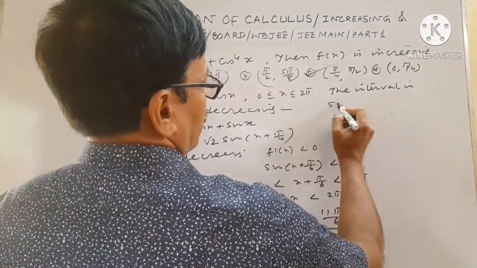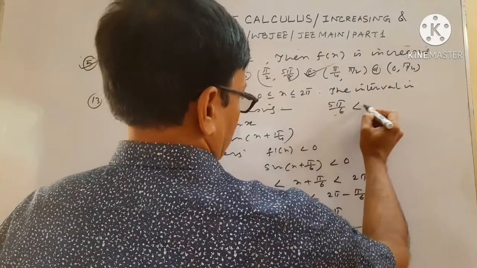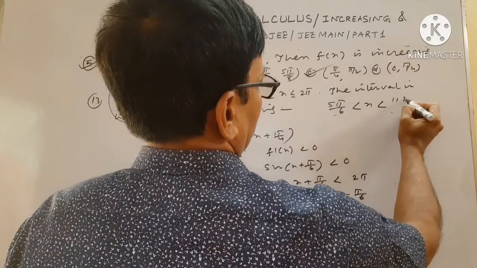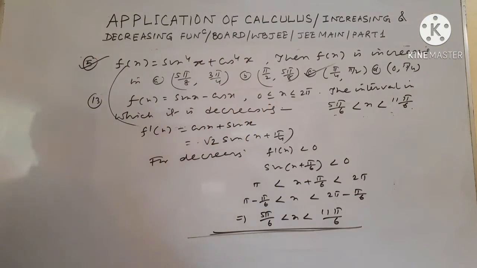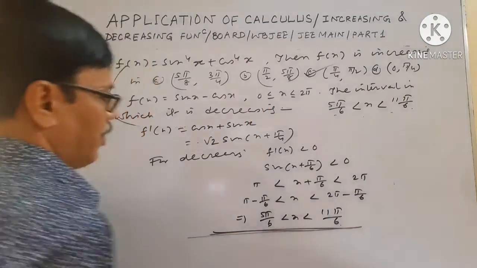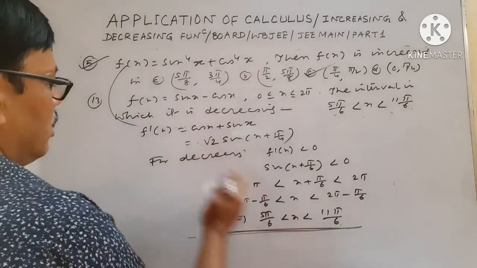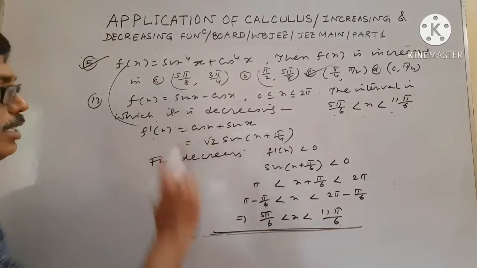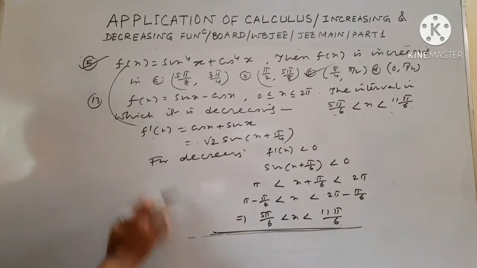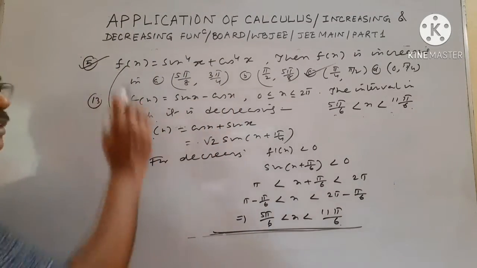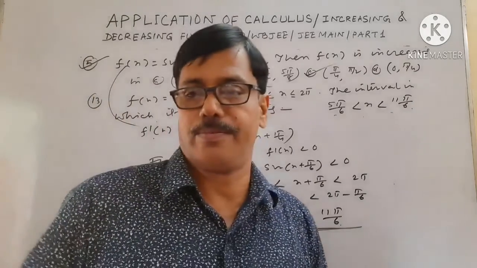You may take any point inside the interval and put values in this and verify whether it is less than 0 or not. This is the general method. So exactly the same problem.